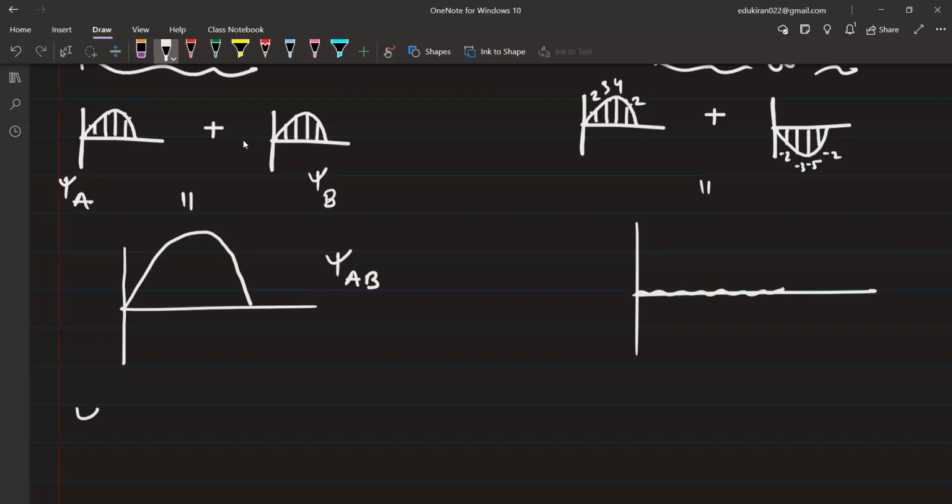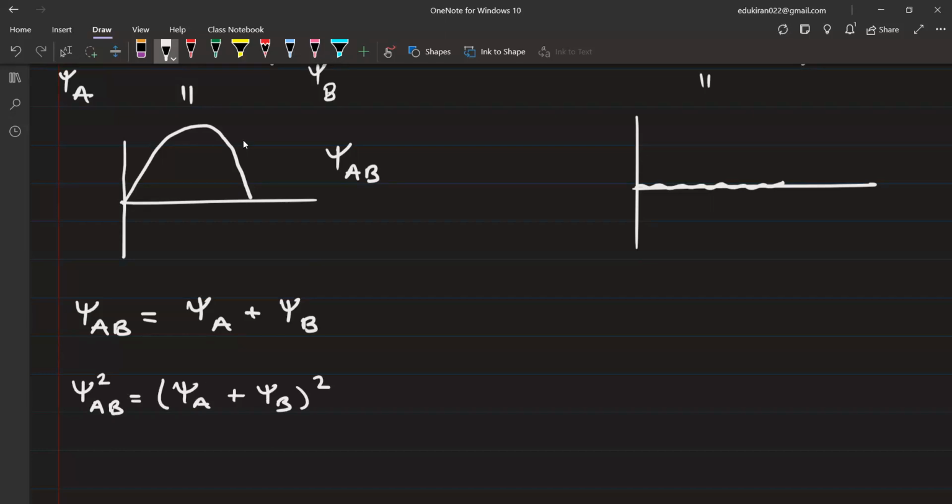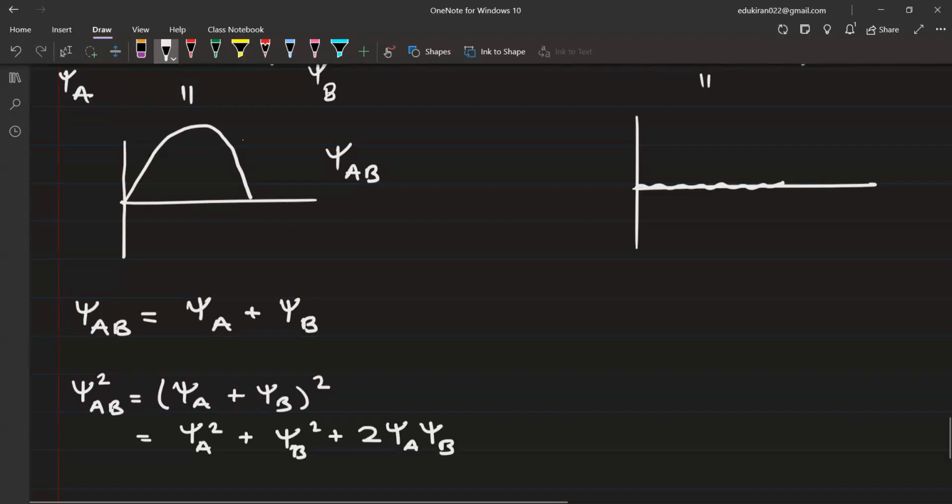Now, when the combination is happening, we are having psi AB, which is equal to psi A plus psi B. And when we are going to square it, psi square AB will be equal to (psi A plus psi B) whole square, which will be equal to psi square A plus psi square B plus 2 times psi A psi B. Is this clear? Yes or no, please? Clear, guys? Yes or no?